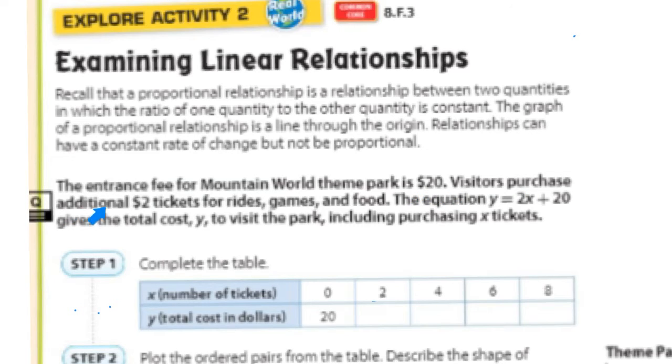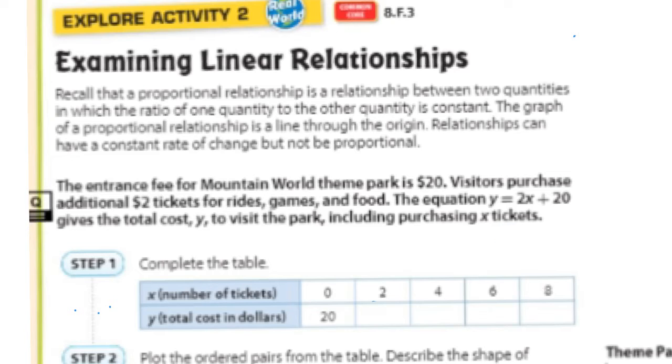Visitors purchase additional $2 tickets for rides, games, and food. The equation y equals 2x plus 20 gives the total cost y to visit the park, including purchasing x tickets.